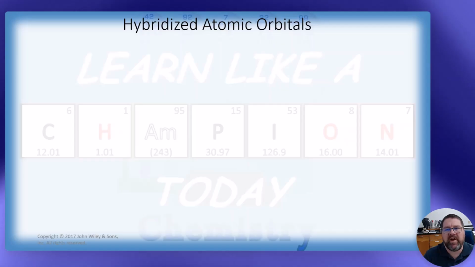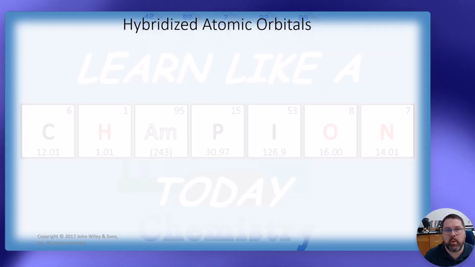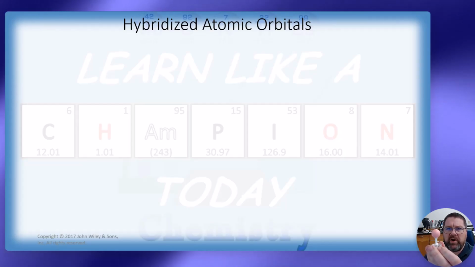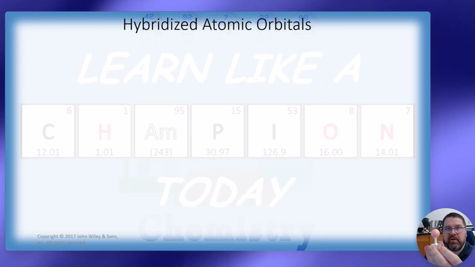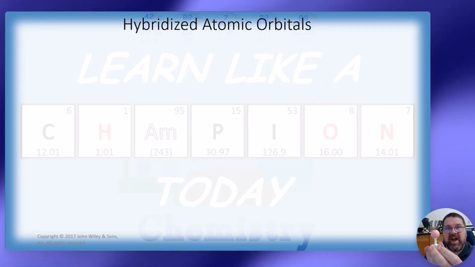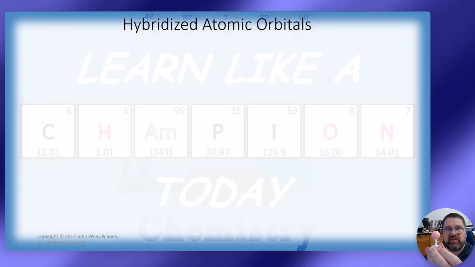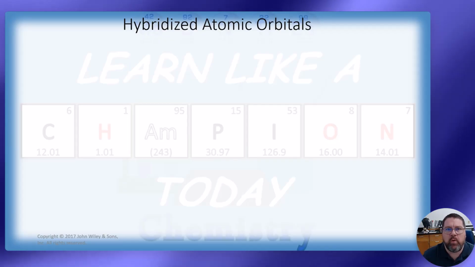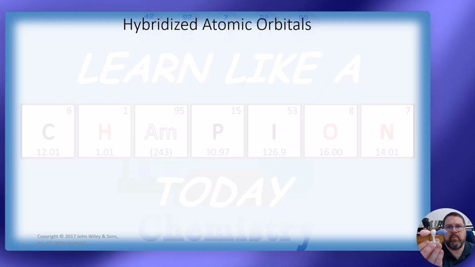Now, before we can talk about hybridizing atomic orbitals, we need to remember a couple things about atomic orbitals themselves. Remember that s orbitals typically have a spherical shape to them. Whether it's 1s or 2s or 3s, doesn't matter. All that would change would be the size of the sphere. As the coefficient gets bigger, the size of the spherical orbital gets bigger. P orbitals have a characteristic dumbbell shape to them.